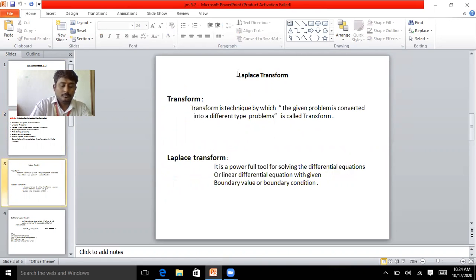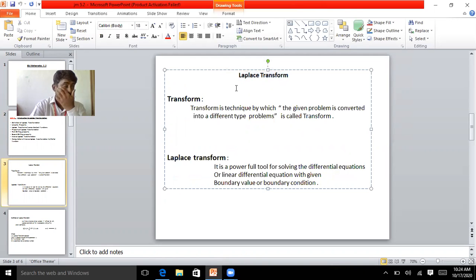Now, before going to the main topic, first we will know what is meant by a transform. Transform is a technique, listen here carefully, in which the given problem is converted into a different type of problem.